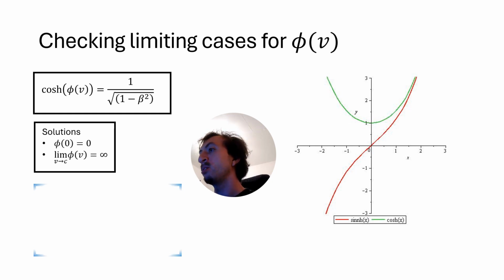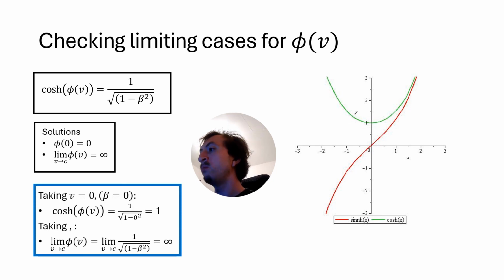And if we're going to put in, to check that these limiting cases work, the relevant values for beta into our expression involving beta, then we find that indeed the limiting values and the function we derived for cosh of phi of v are consistent with each other.